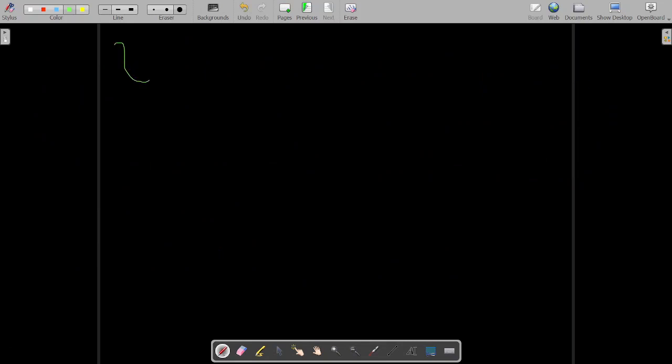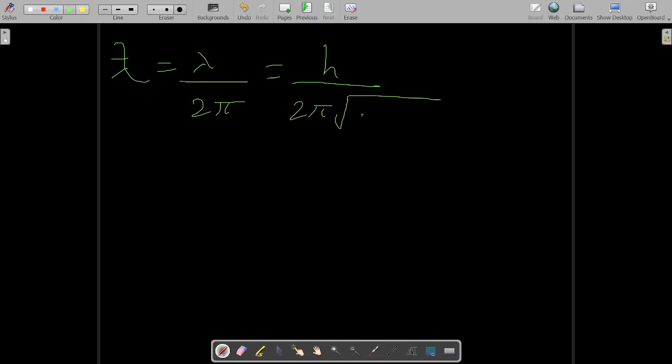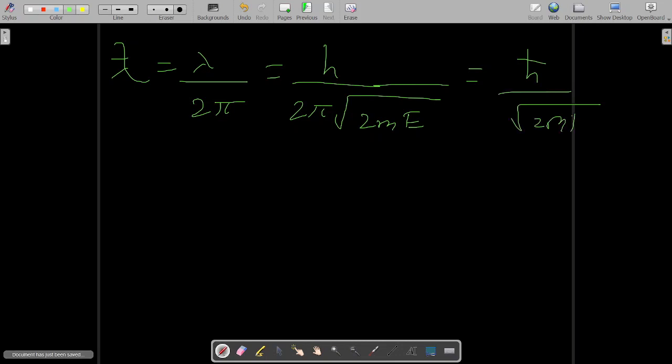It is equal to lambda cut, equal to lambda divided by 2 pi, which is equal to h divided by 2 pi square root of 2mE, which is equal to h cut divided by square root of 2mE. So this is the reduced de Broglie wavelength of an electron.